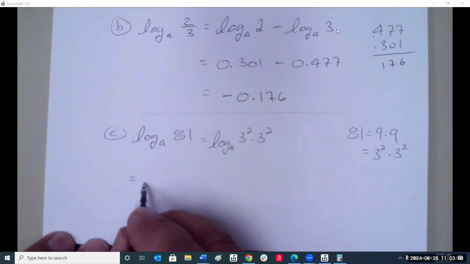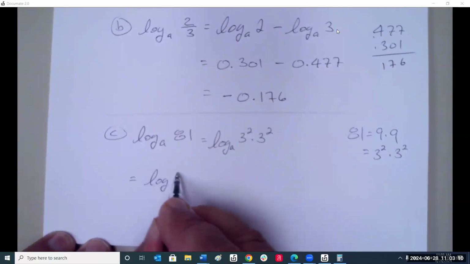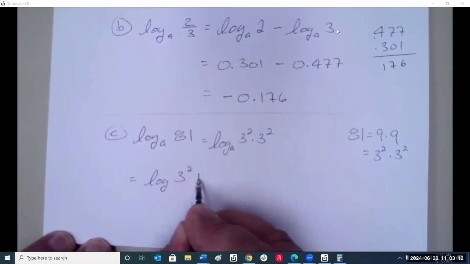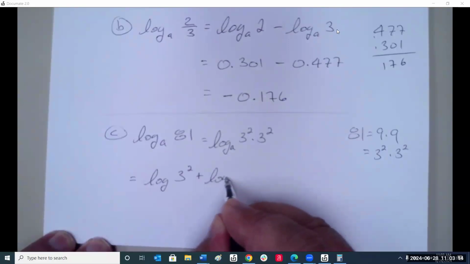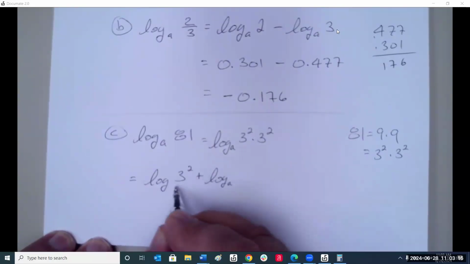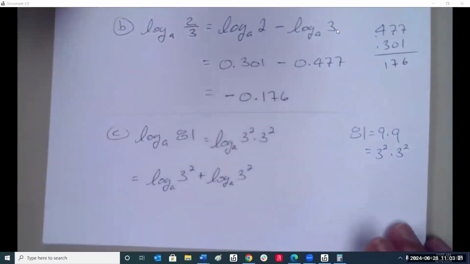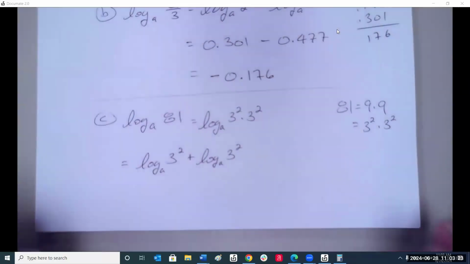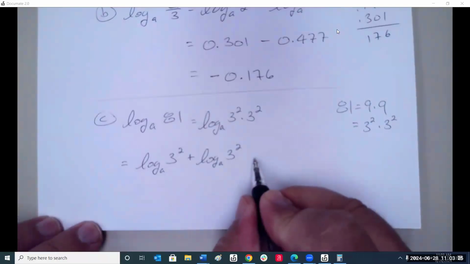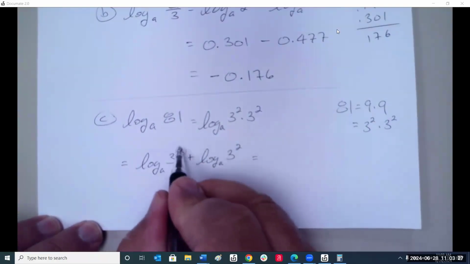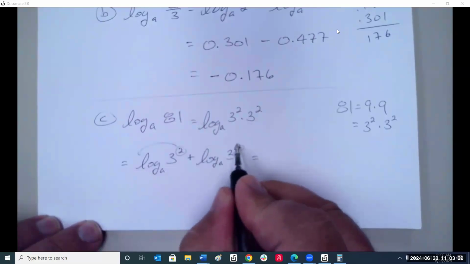So this says use the product rule. The coefficients go out in front.